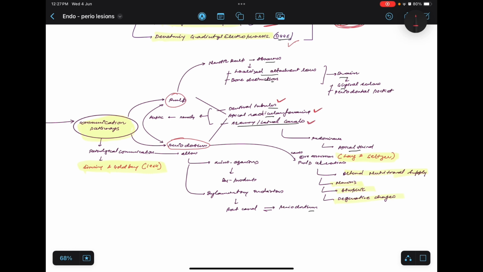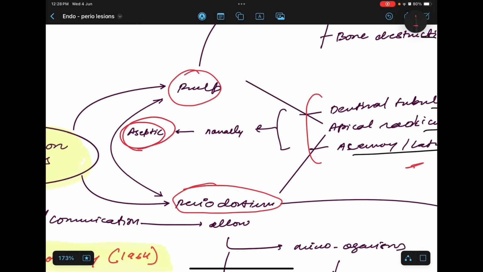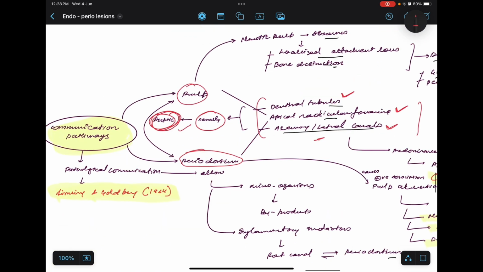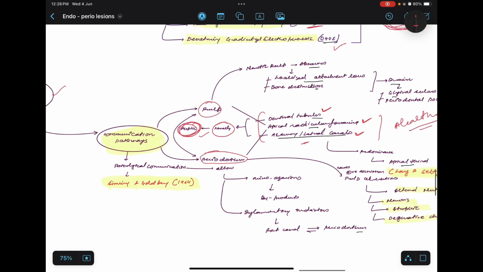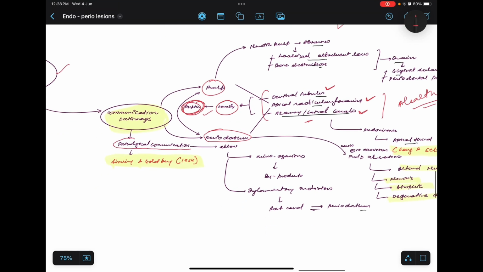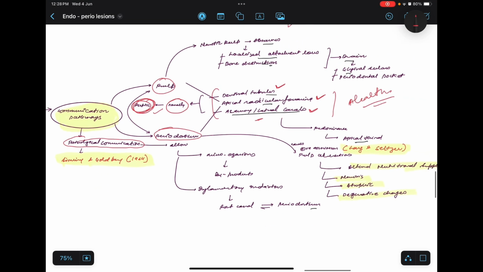One thing worth noticing is that under normal conditions, in a healthy state, these communications are aseptic. They do not have any infection. But whenever there is any pathological communication, they allow microorganisms or their byproducts or inflammatory mediators to pass from the root canal to the periodontium or the periodontium to the root canal. It could be either way.